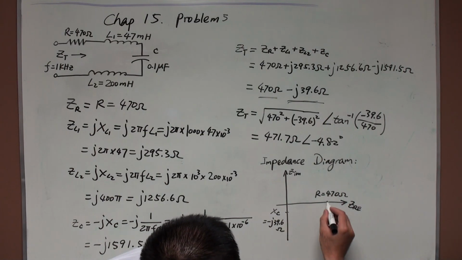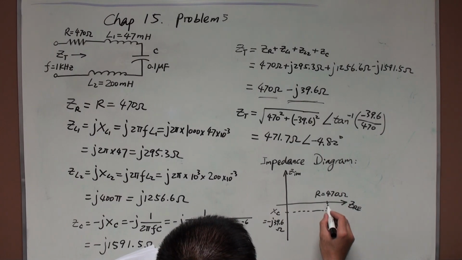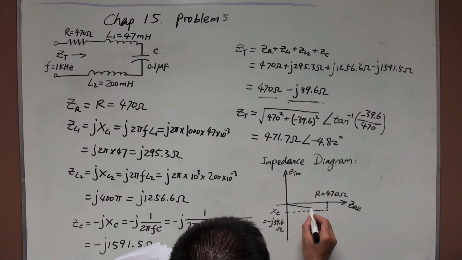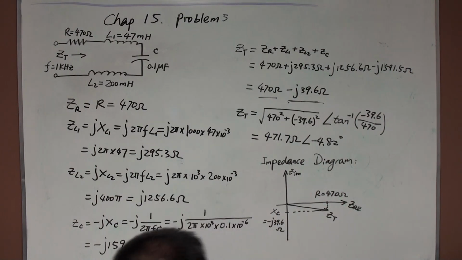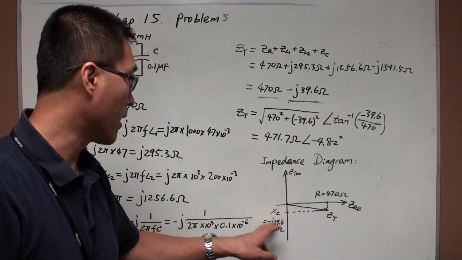All right, so you can see if we start from this point and draw a line here, that will be the total impedance ZT. Okay, because for ZT we have this R and imaginary.